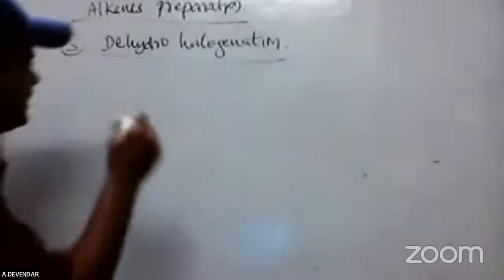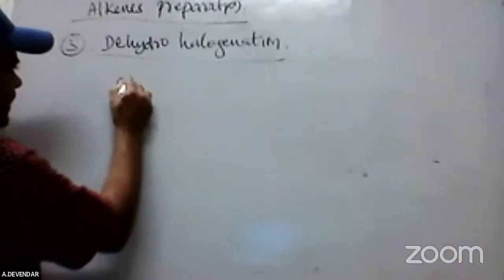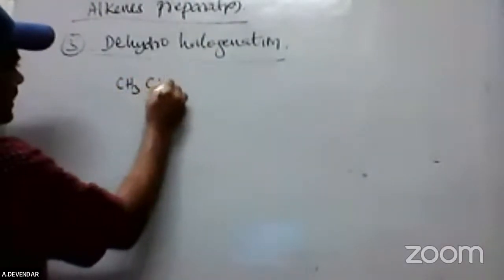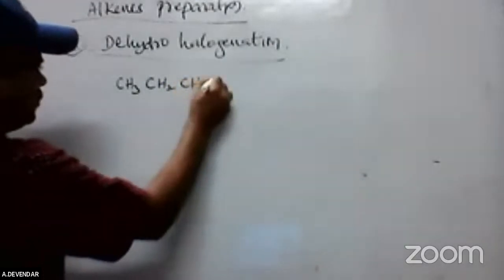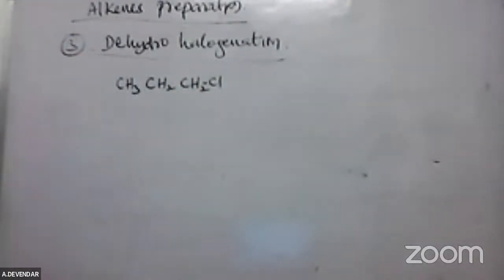I am taking simply CH3CH2CH2Cl. Please name this compound. Again you go to your previous root word, primary suffix, secondary suffix, and prefix.